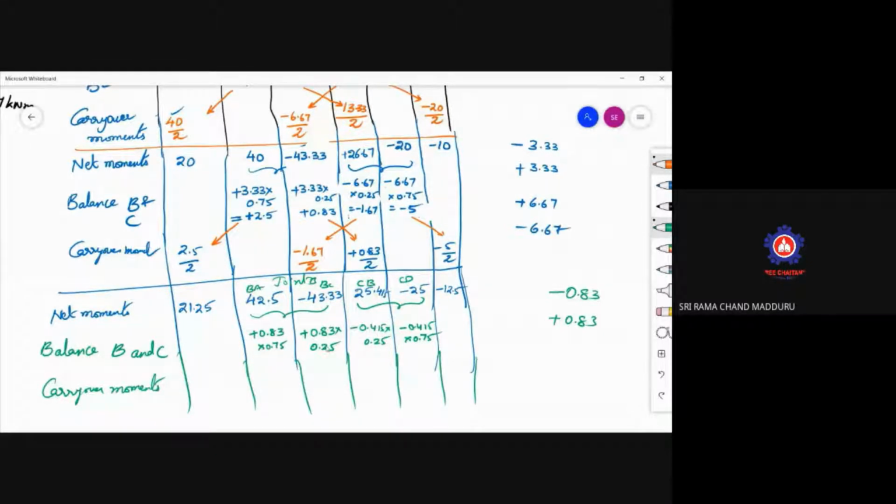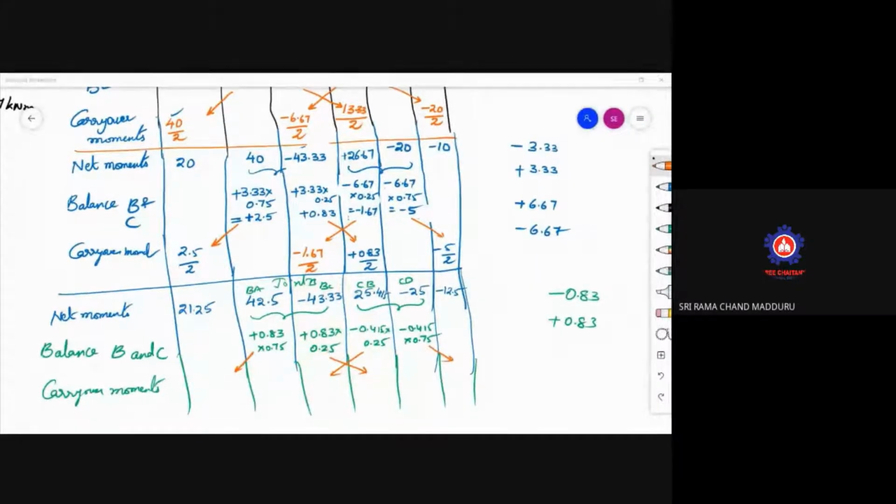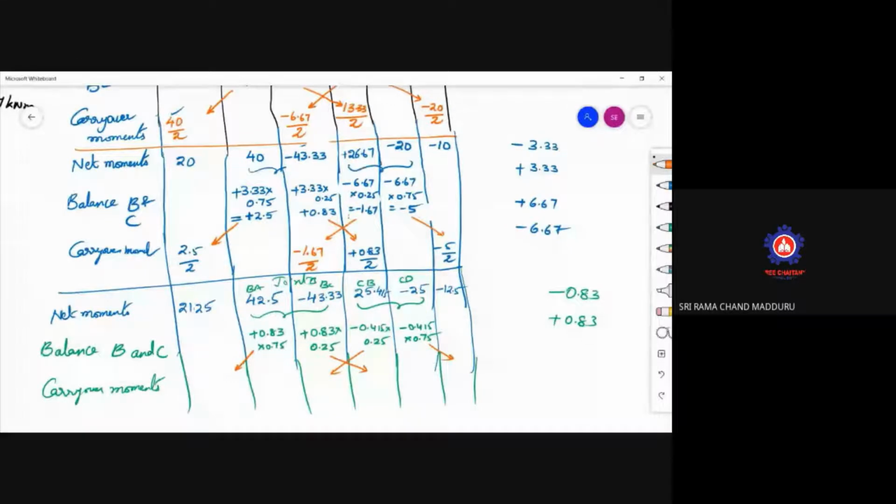So here the carryover elements are from here to here, from here to here, from here to here, from here to here. CB is 26.225. What is the value, Suma? 26.225.